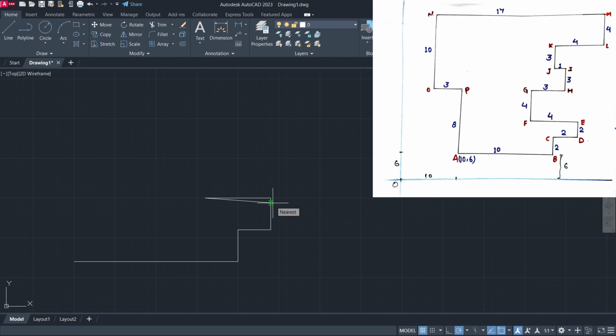Again we have 18, comma 14. Again we have 21, comma 14. Again we have 21, comma 17. Okay. Again we have 20, comma 17.